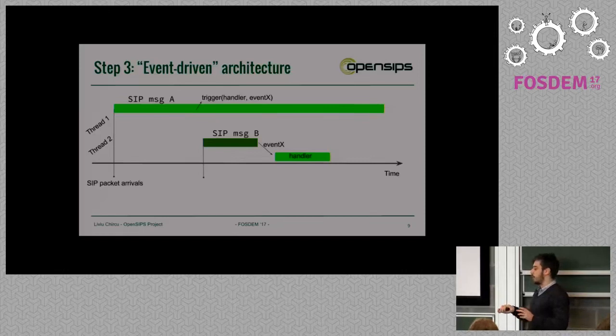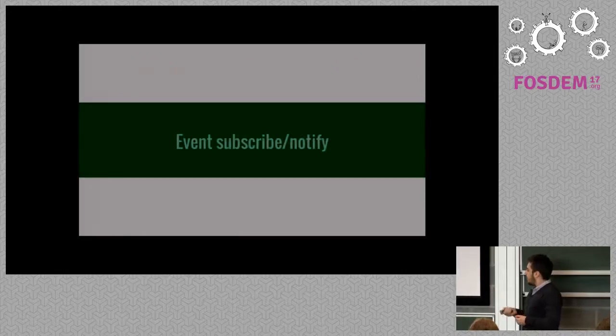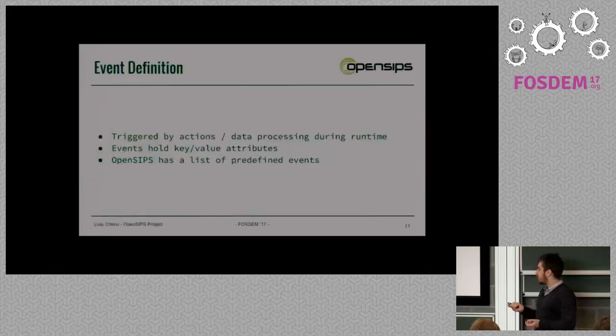So I'm going to now go into the event mechanism and look into a bit more detail on how they work and how we structure them. The events are triggered by some sort of, let's not just call them messages that OpenSIPS receives, but rather some point in execution, such as when a user is saved in the location, or any sort of action like this.